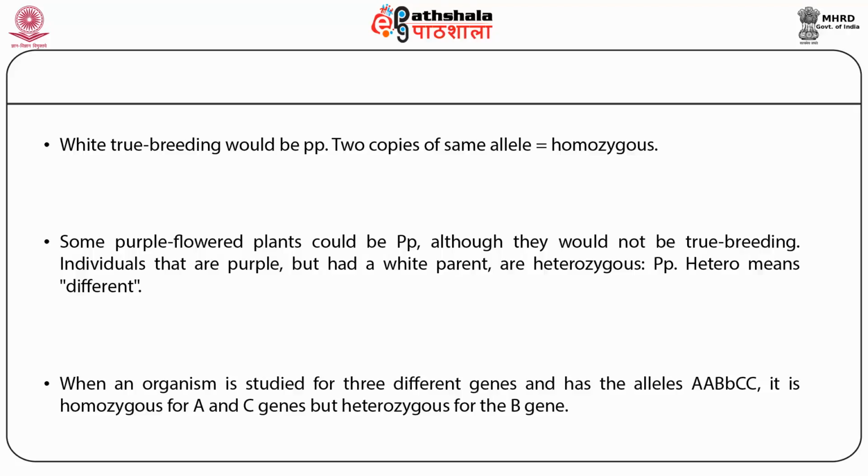When an organism is studied for three different genes and has the alleles capital AA, capital B small b, and capital C small c, it is homozygous for the A and C genes but heterozygous for the B gene.